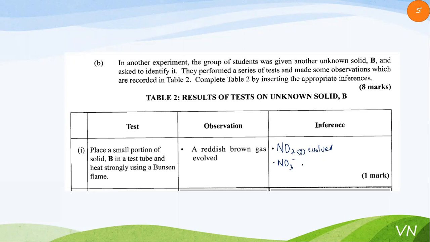So nitrate ion is present. And note here that there's another gas that is reddish brown in color, and that is bromine gas. So this could also have been bromine gas evolved. Based on the observation there, any of these three answers would have given you that 1 mark.